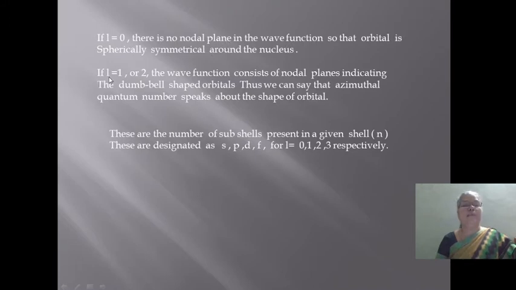If l equals 1 or 2, the wave function consists of nodal planes, indicating dumbbell-shaped orbitals. Thus, the azimuthal quantum number speaks about the shape of the orbital, and these values are also called subshells present in the given shell n.